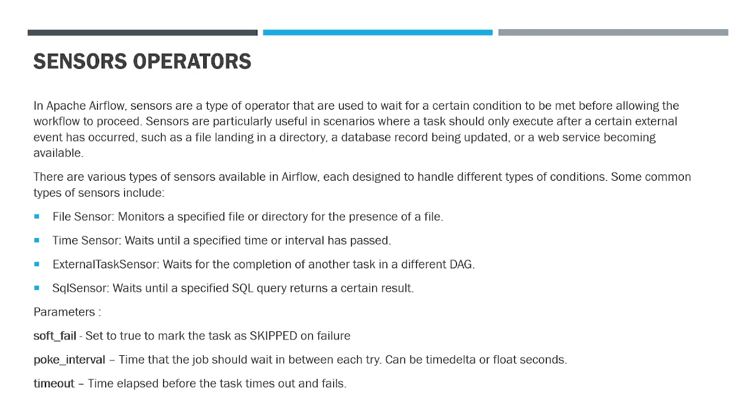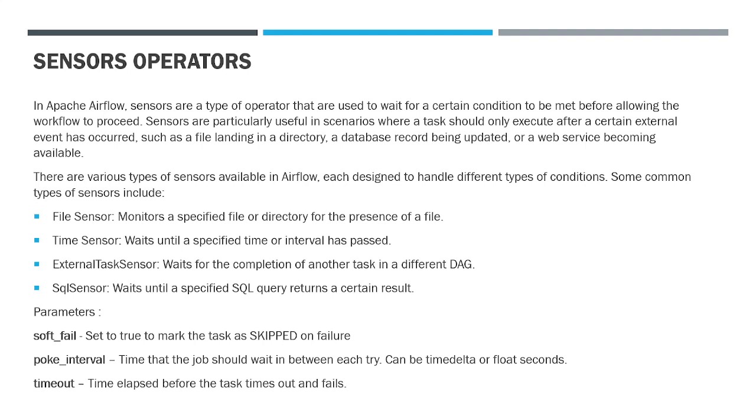When soft fail is set to true, even if the task fails, it will be marked as skipped. Then comes the poke interval. By defining a duration in the poke interval, the task will wait for that time before the next poking starts.